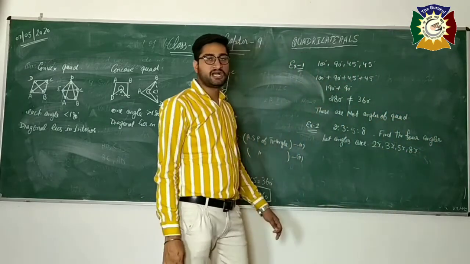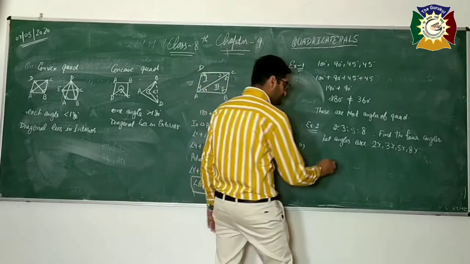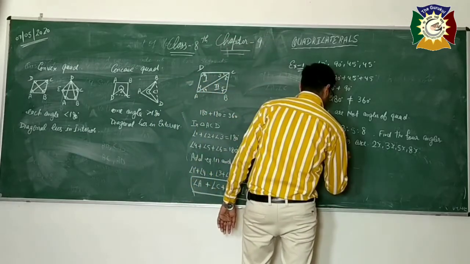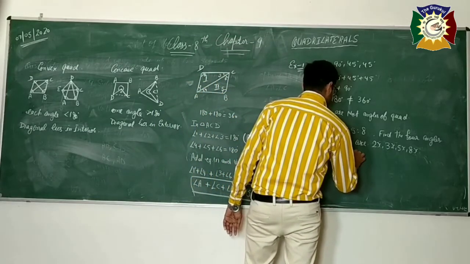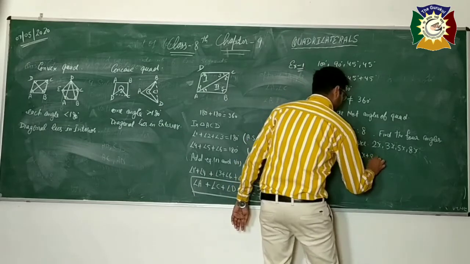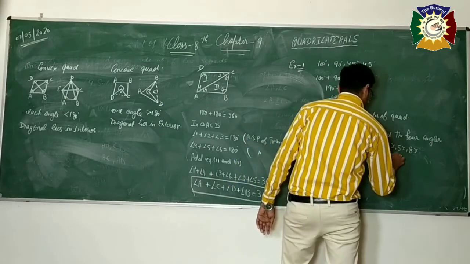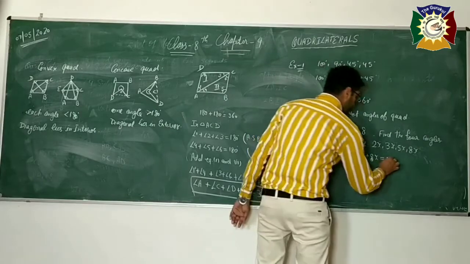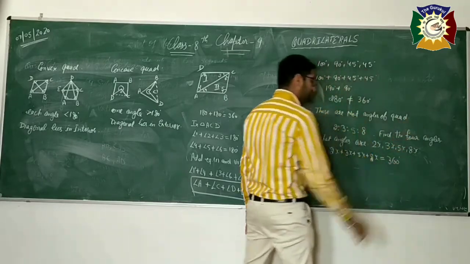Is it clear? After that, add these angles: 2x, 3x, 5x, and 8x, and the sum will be equal to 360 degree.